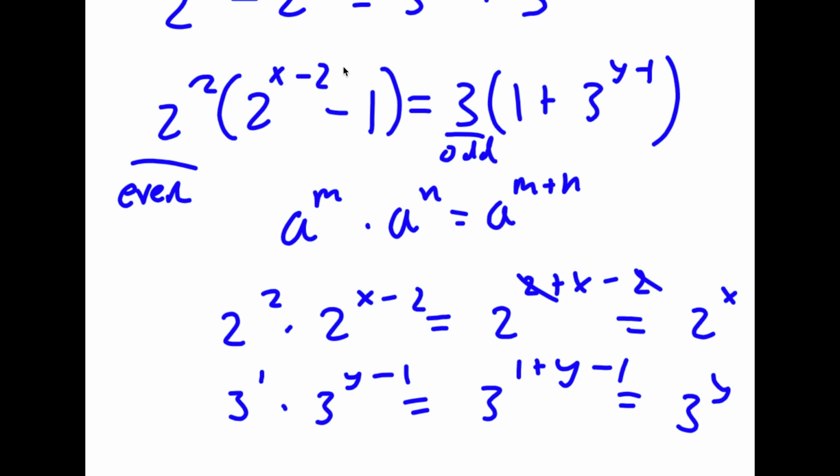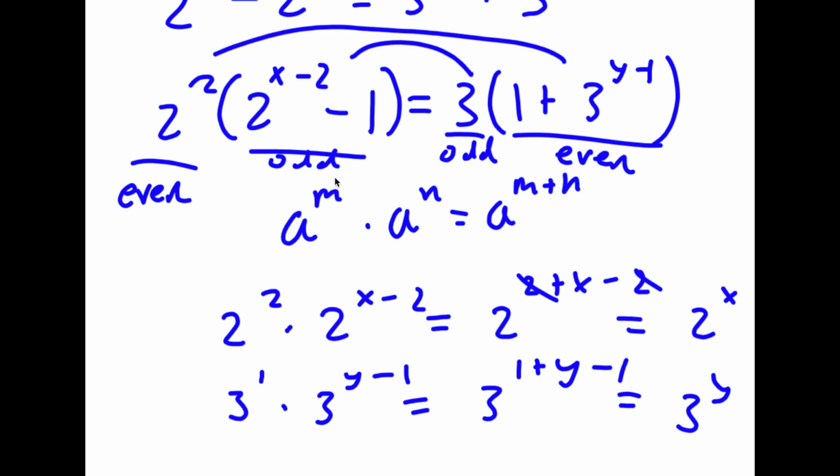Now, 2 to the power of x minus 2, well, 2 to the power of any number is even, and an even number minus 1 is odd. And 3 to the power of any number is odd, and an odd number plus 1 is even. So I have an even number times an odd number is equal to an odd number times an even number, meaning these two odd numbers are equal to each other, and these two even numbers equal to each other.